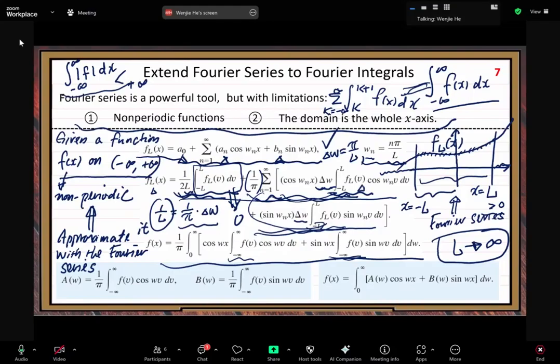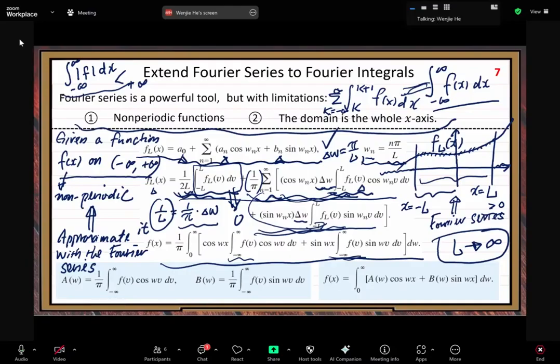Then w is another variable. W is a summation. Remember, when we define integrals, we can use a summation to define integrals, right? So here you can see the summation and the integral are closely related. So we use the summation representation for the integral.